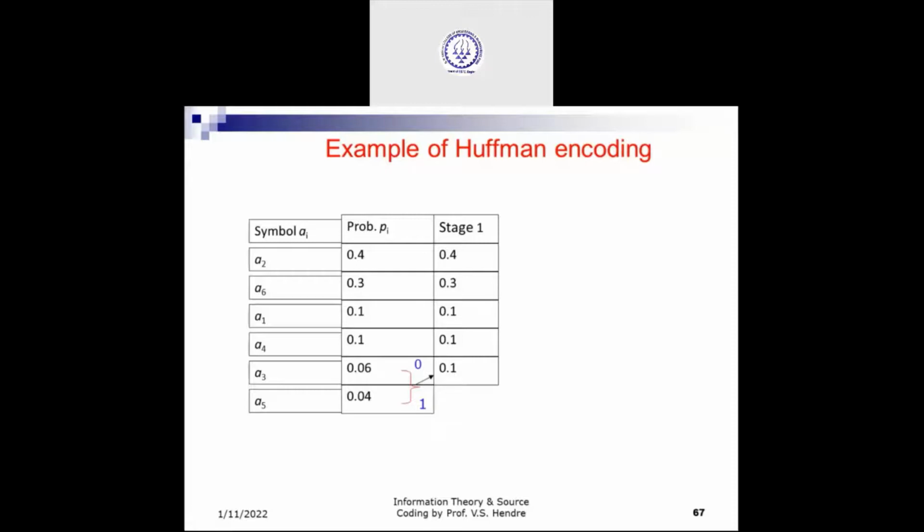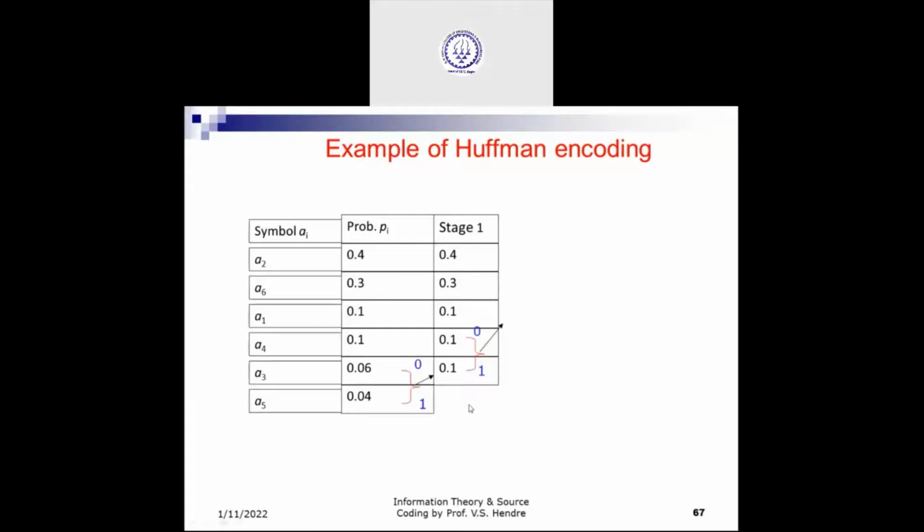Now the same process I have to repeat for the next column. In the next process, I have to once again focus on the last two elements. I have to combine the last two elements, assign binary 0 to the upper element, binary 1 to the lower element, and the sum of these last two elements I have to carry forward into the next column. I hope the things are clear.